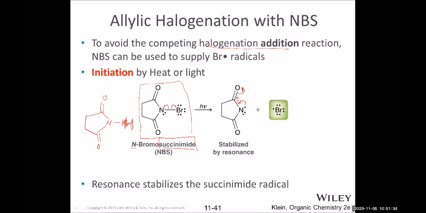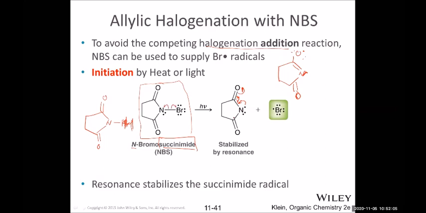So basically, that's what happens. The resonance will give us, if you draw one of the resonance structures, this. Yeah, so there are two carbonyls. The double bonds stabilize the free radical because of resonance.